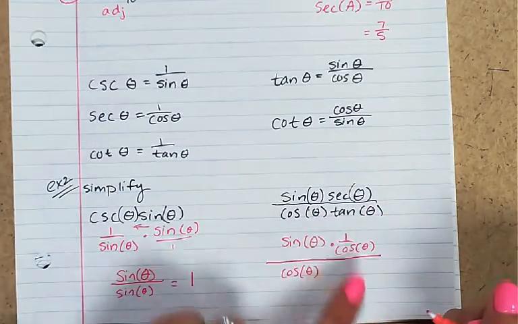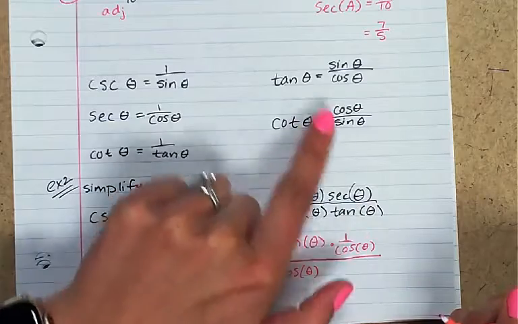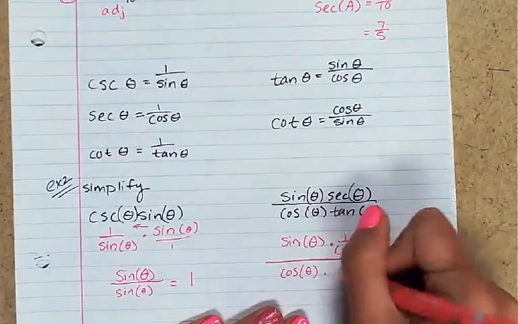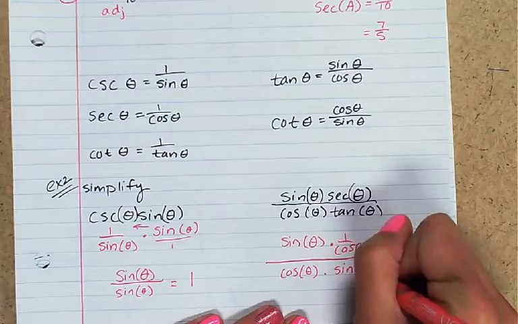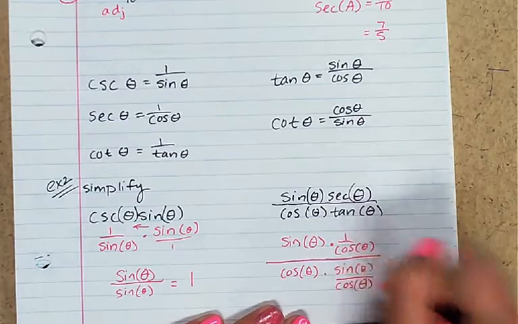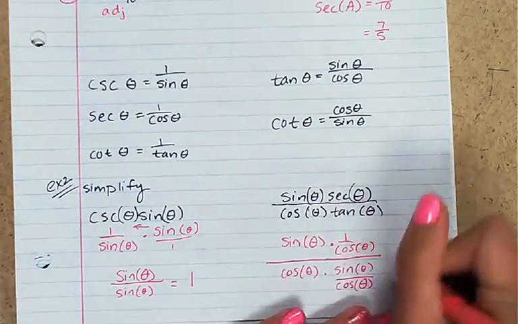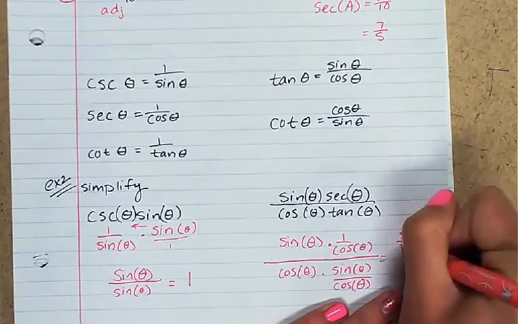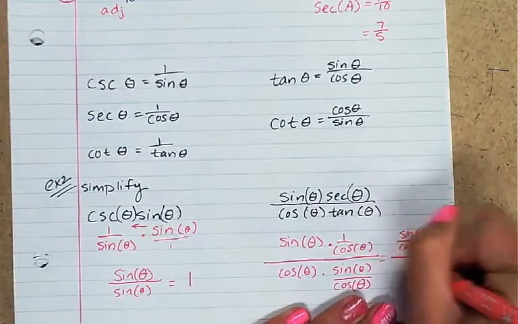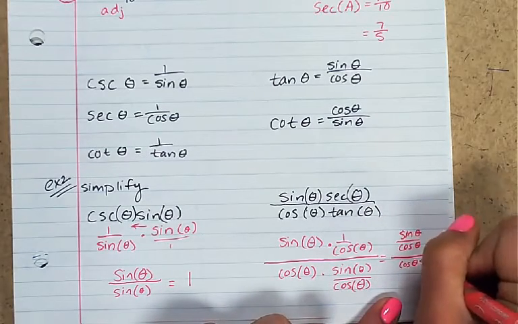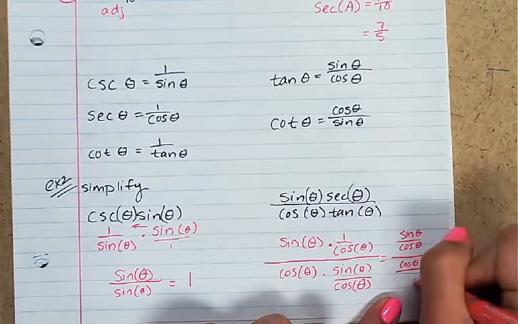But tangent, remember, we're going to change it to things with sines and cosines. I'm going to use this formula here that says that tangent is sine over cosine. So on the numerator and denominator, if I go straight across here, we'd have sine theta over cosine theta in the numerator. And in the denominator, we have cosine theta times sine theta over cosine theta.